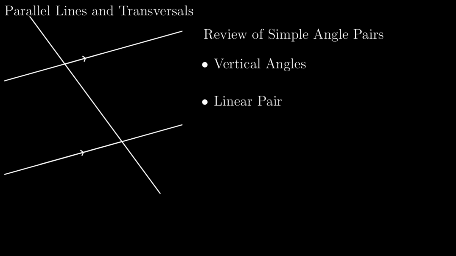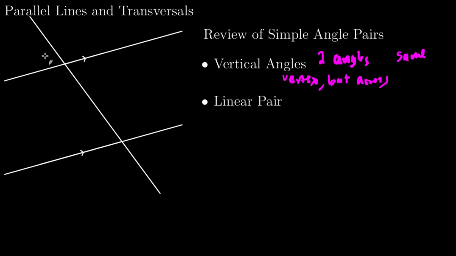So, first up, a review of simple angle pairs. These are angle pairs from the previous videos. So vertical angles are two angles at the same vertex but across from each other.